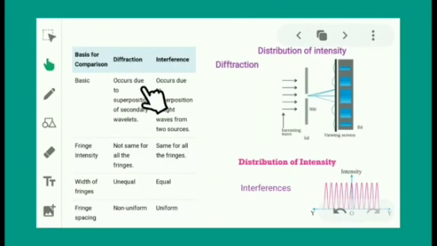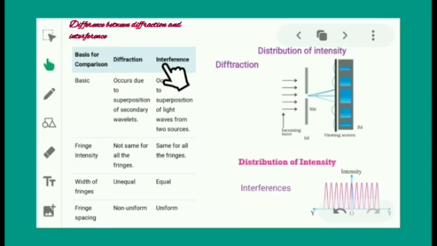Now, what is the difference between diffraction and interference? Diffraction occurs due to superposition of secondary wavelets. In interference, two separate sources are there, and the waves from the two separate sources interfere. In diffraction, the intensity is not the same for all the fringes. In the case of interference, the intensity is the same for all the fringes. The width of all the fringes is not the same in diffraction.